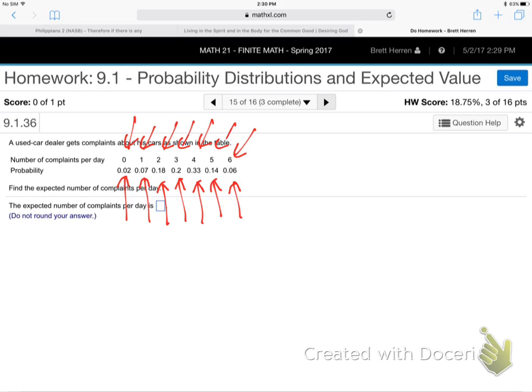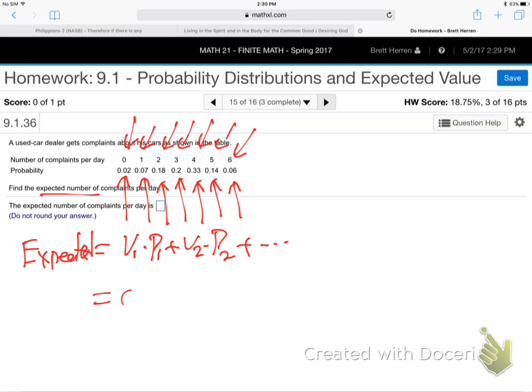So what's the average or expected number of complaints per day? How do we do expected value? Value times probability, and just keep adding up value times probability.